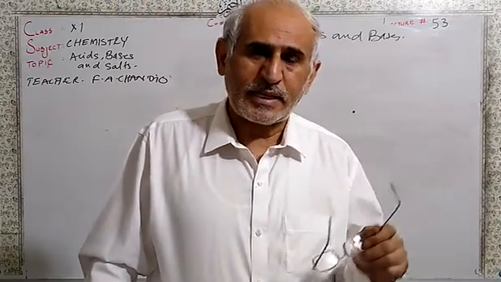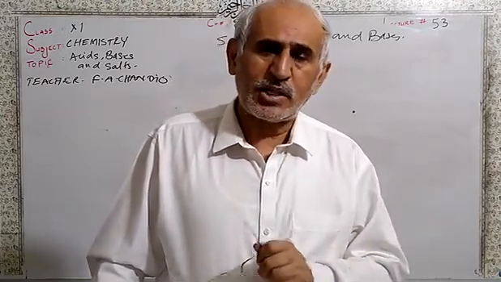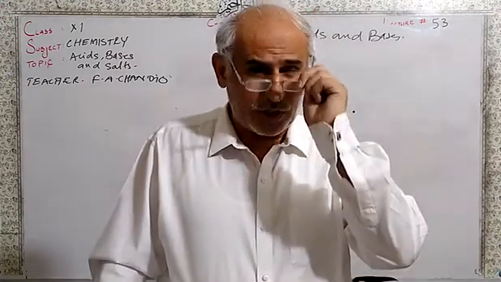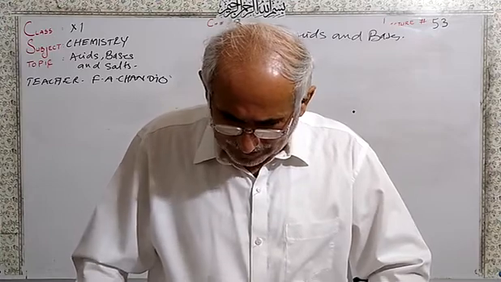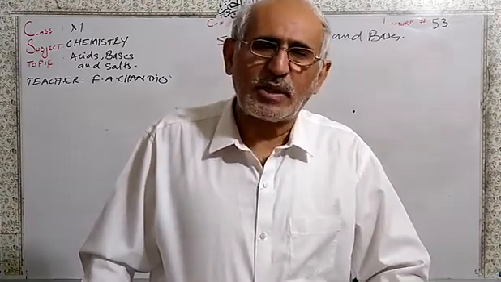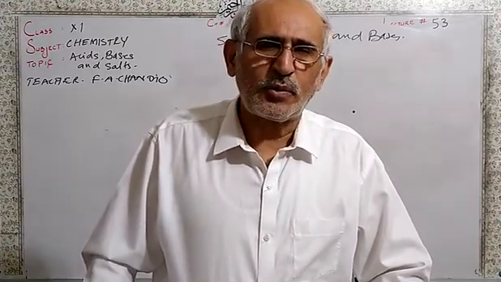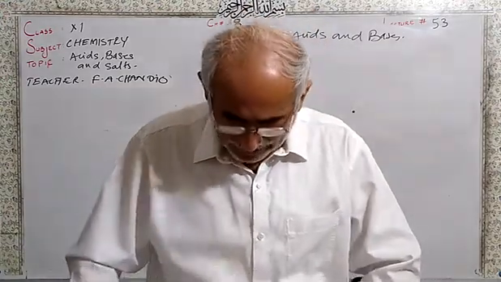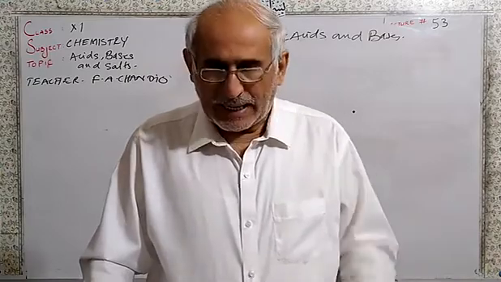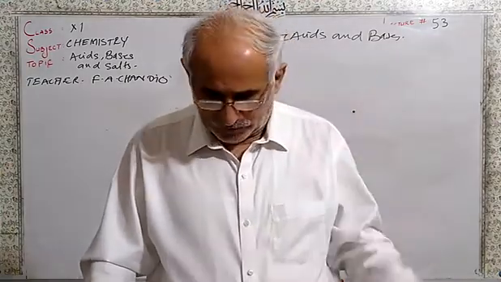But with hydrochloric acid, hydrochloric acid has more ability to donate proton. So the strength of acid depends upon the ability of donation of proton. Similarly, base has the ability to accept proton.